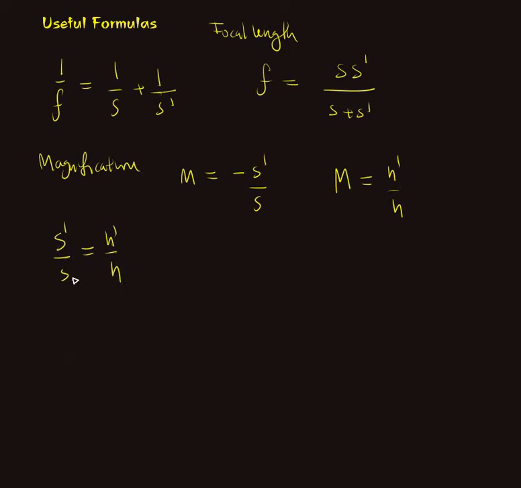So the equation is s prime divided by s is equal to h prime divided by h, which is sometimes useful to find the height of the image or the height of the object, or the distance where the image is from the mirror or lens, or the distance of the object. These equations are very useful too. Oh, and the negative sign here in magnification means the image is inverted.